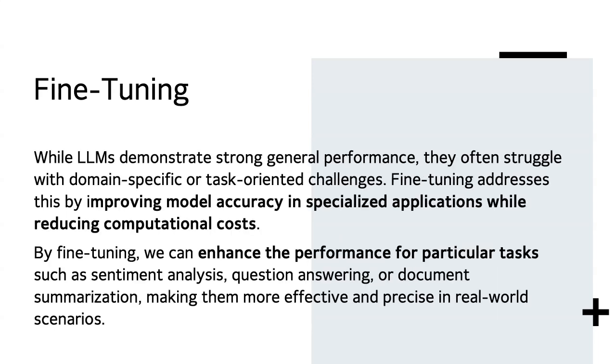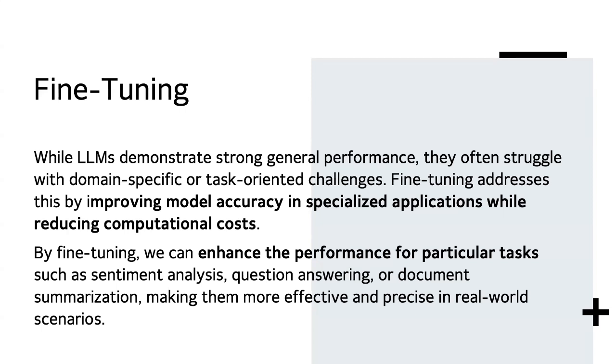While LLMs demonstrate strong general performance, they often struggle with domain-specific or task-oriented challenges. Like, even though they can get generally great scores over every subject, they might struggle on some very specific narrow part when they're answering.